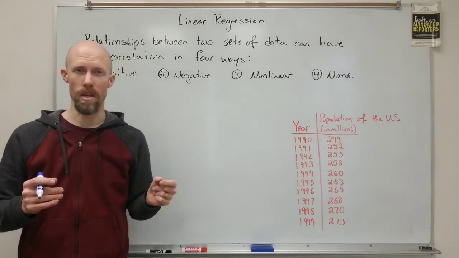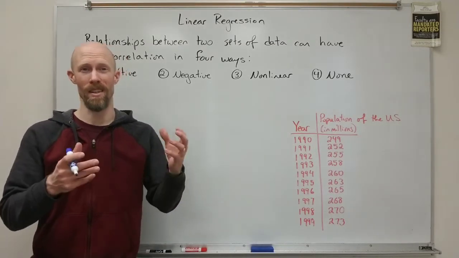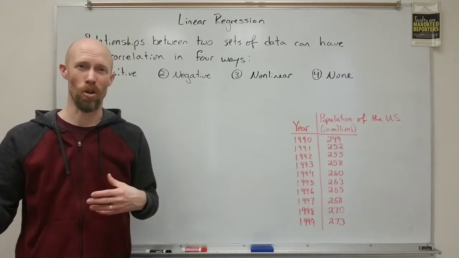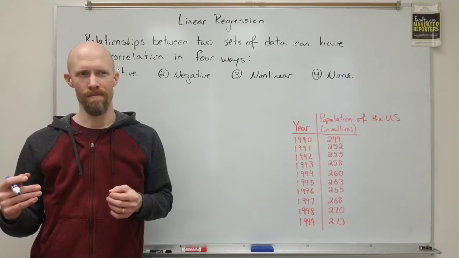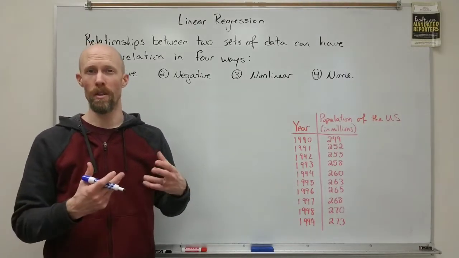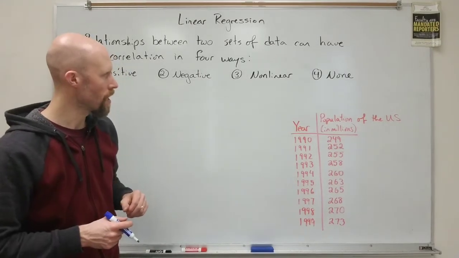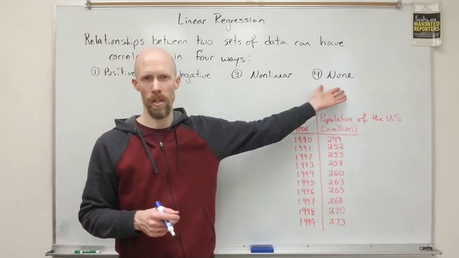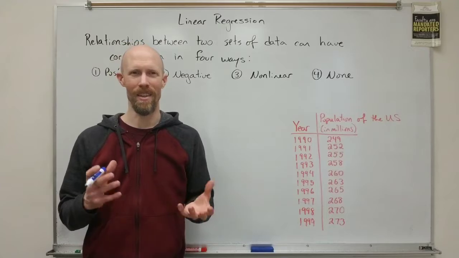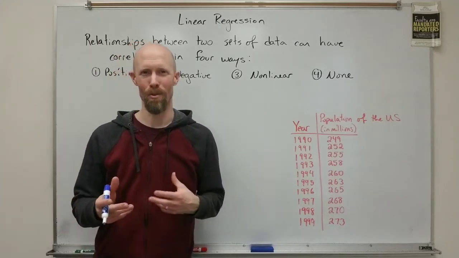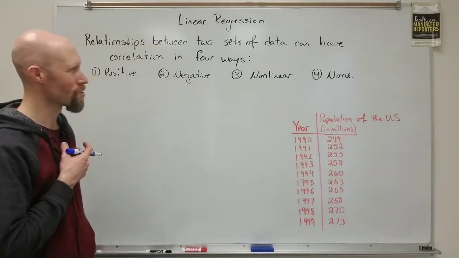As one increases, the other might increase, then decrease, then increase again, who knows? Or some sort of curve where it's increasing at a gradual amount and then very quickly later on, or something like that. And then you have no correlation, where it's just a bunch of dots on a page and there's not really any organization to it or rhyme or reason to it, okay? So those are some options.